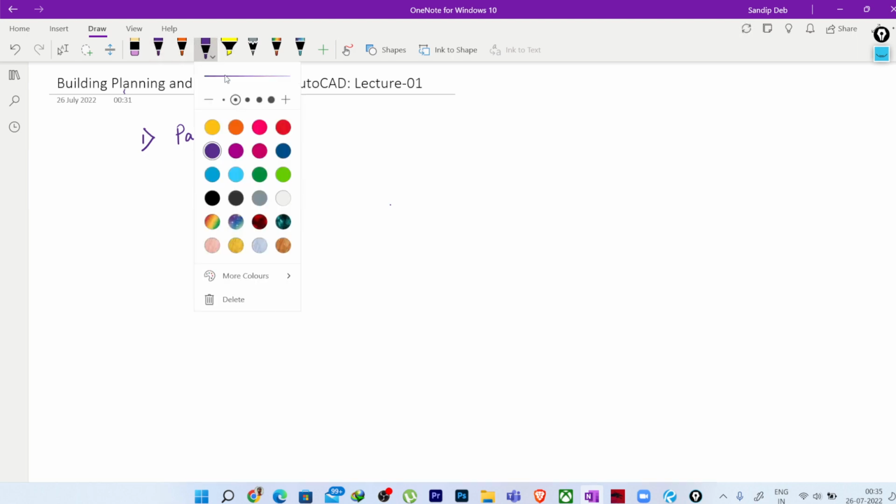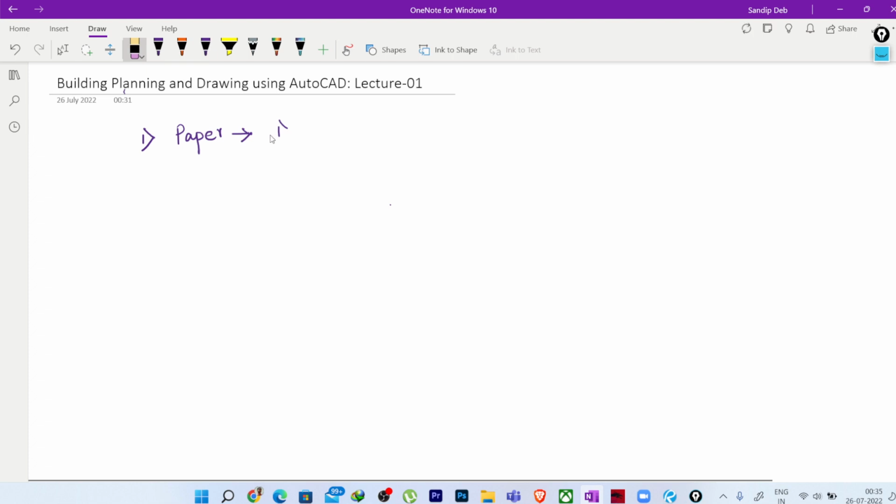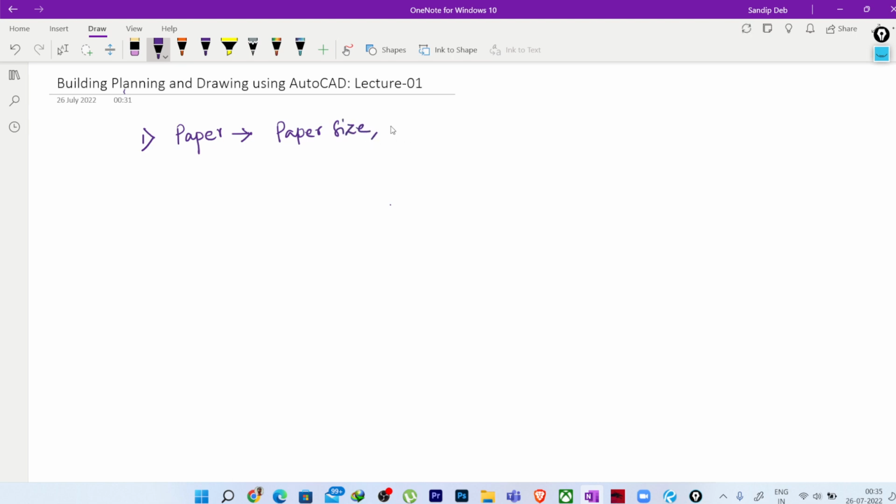Let me just take the eraser. So here we need to understand the different paper sizes and their uses. Okay, how we are going to use those papers.